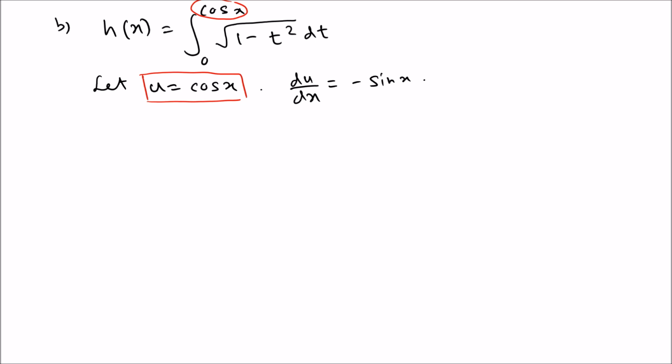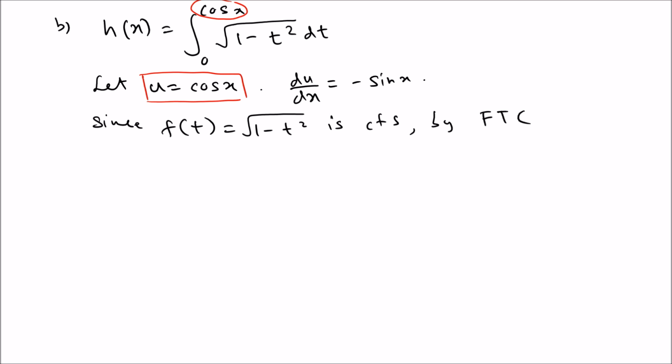And again, inside this interval the function is continuous. Since f(t), which is the square root of 1 minus t squared, is continuous, by the fundamental theorem of calculus we can write h prime of x.